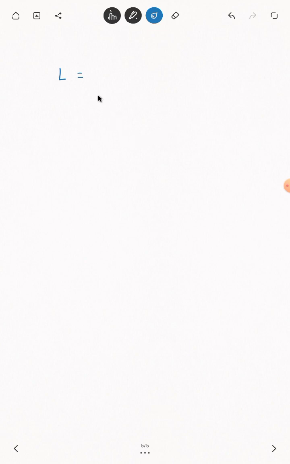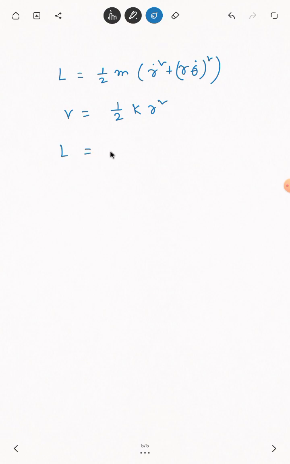T equal to half m into r dot square plus r theta dot whole square, V equal to half k r square. Then can we not derive the expression of the Lagrangian by using L equal to T minus V?